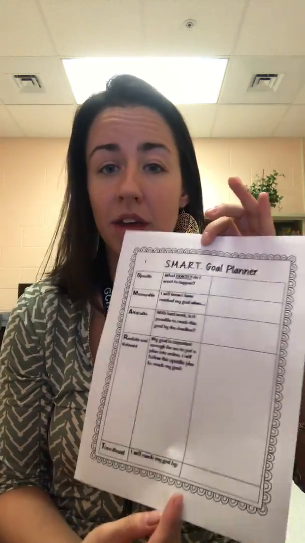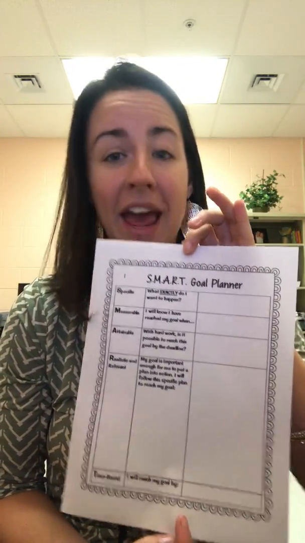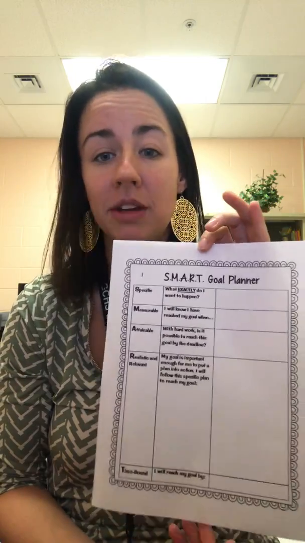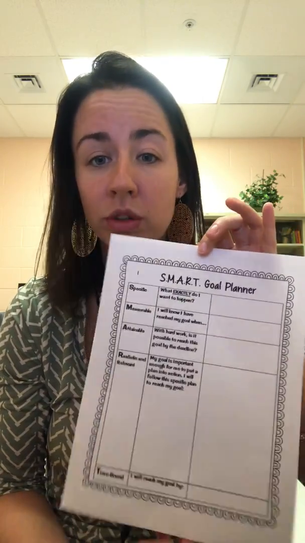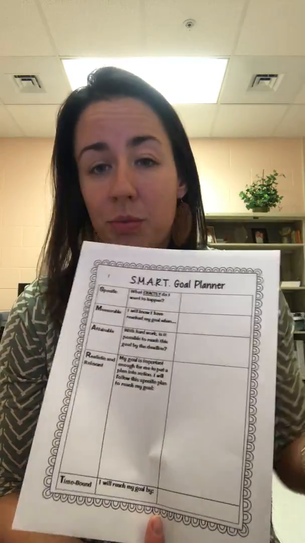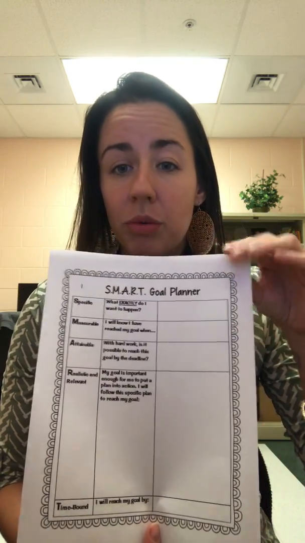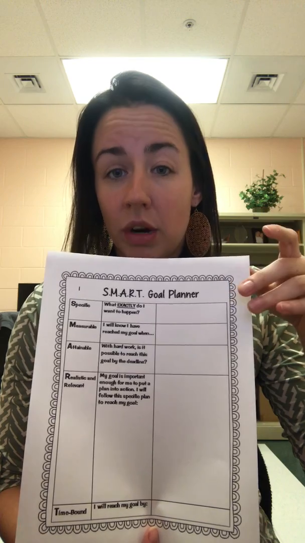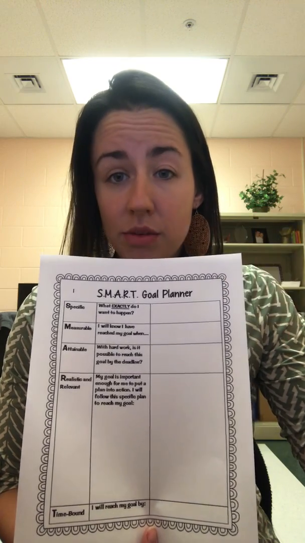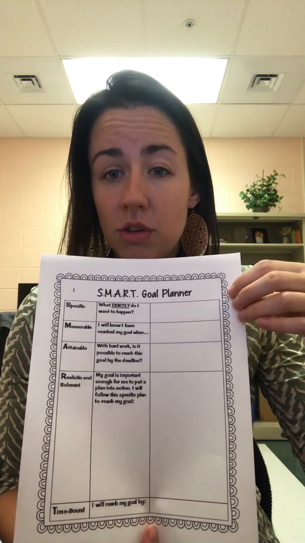This is really nice because one, you have it all written down so you can hang it on your wall as a reminder, or have students keep it in their planner or their folder. And you can do this with any kind of goal, personal goals, academic goals. So this is a really nice visual organizer, graphic organizer, if you will, for students to use.